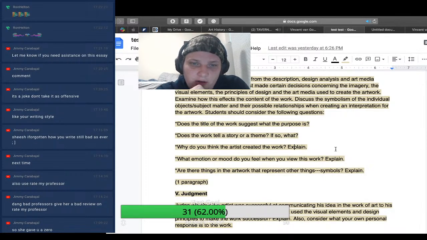By the information found from the description, design analysis, and art media analysis, consider why the artist made certain decisions concerning the imagery, the visual elements, the principles of design, and the art media used to create the artwork. Examine how this affects the content of the work. Discuss the symbolism of the individual objects or subject matter, and their possible relationship in creating an interpretation for the artwork.